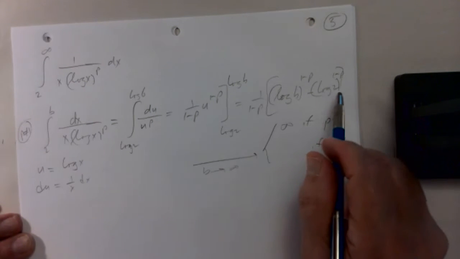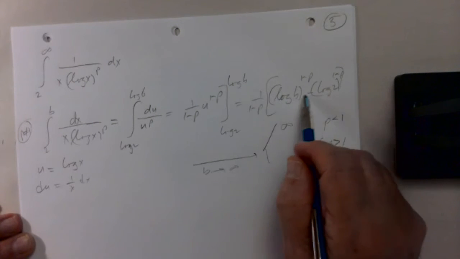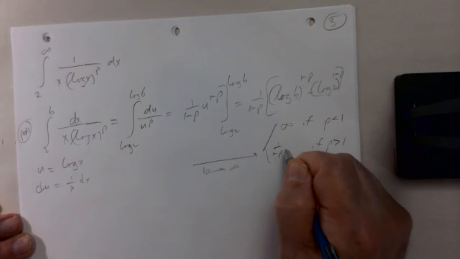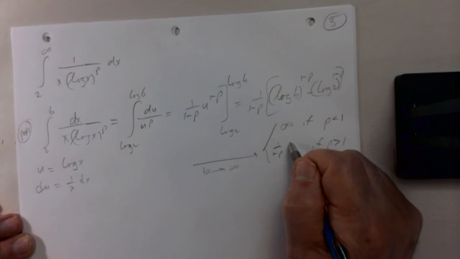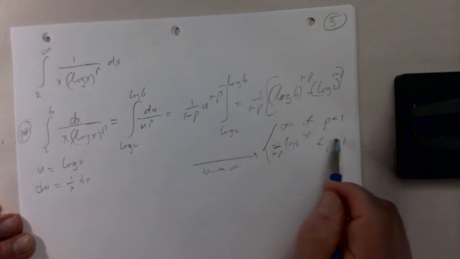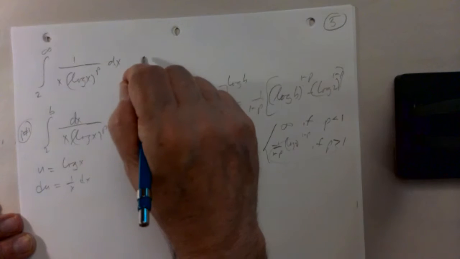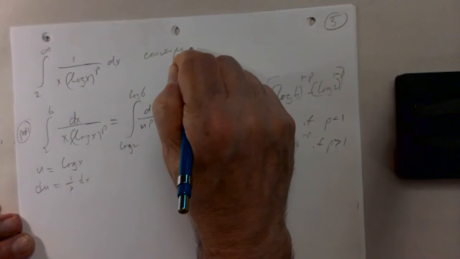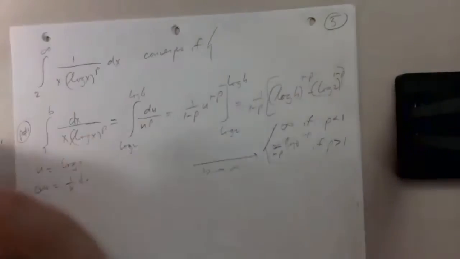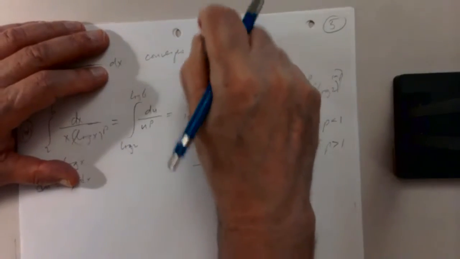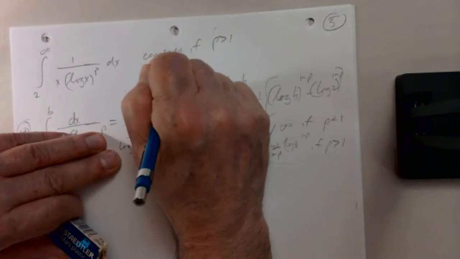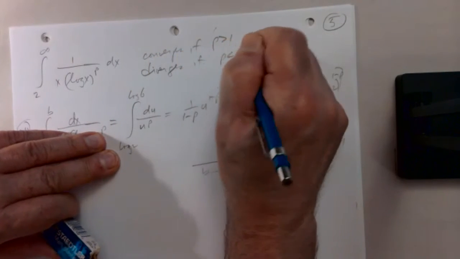If p is bigger than 1, the limit is just minus (log 2) to the 1 minus p over 1 minus p. It doesn't matter what it is, but it exists. So this converges if p is bigger than 1, diverges if p is less than 1.